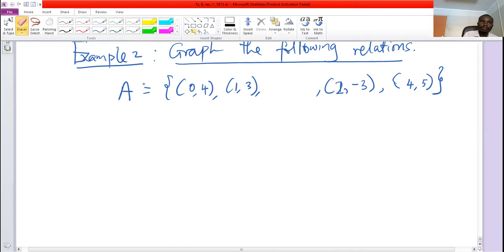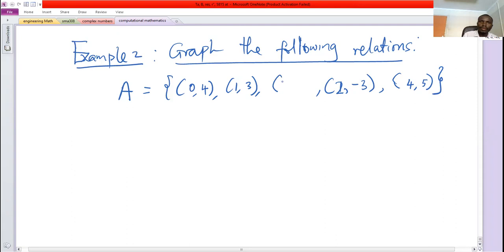So this is what you do. You just draw the normal XY plane.